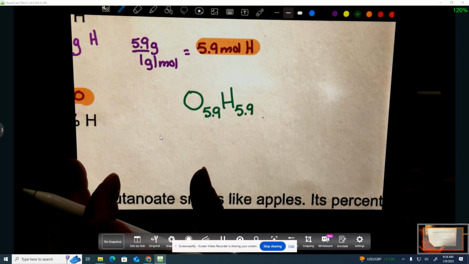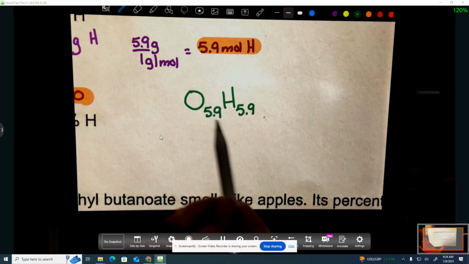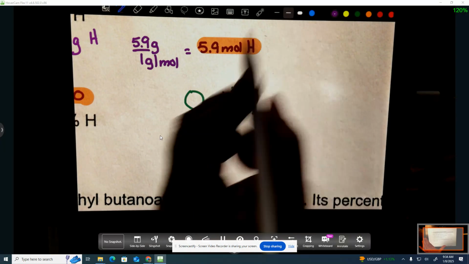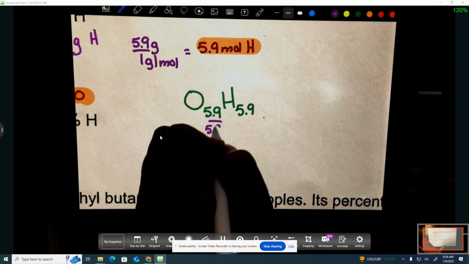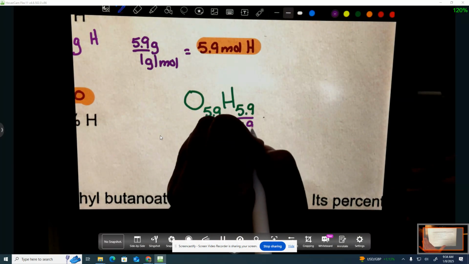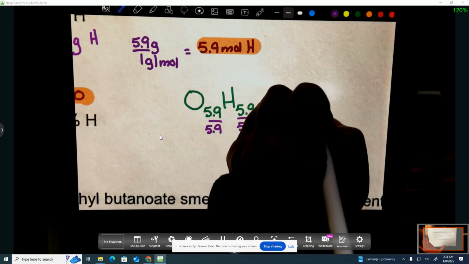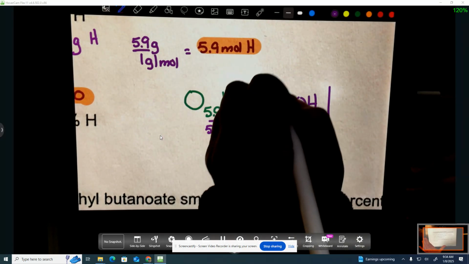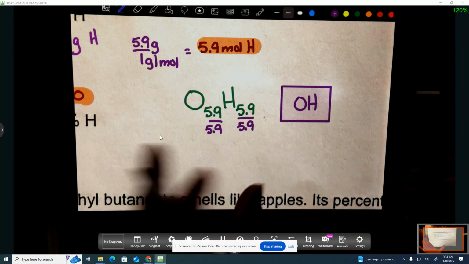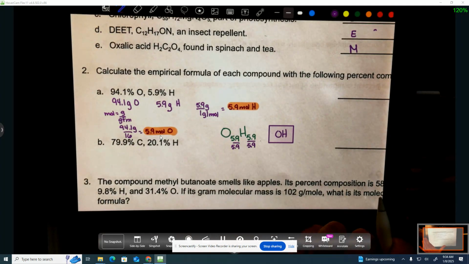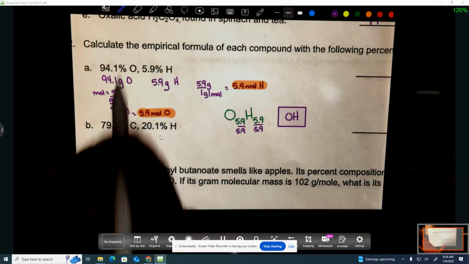Integer just means whole numbers. Okay, so 5.9 and 5.9, we're going to divide through by the smallest one, which happens to be 5.9. And you're going to end up with OH. That's the empirical formula with those percentages. Okay? All right, let's do the next one.